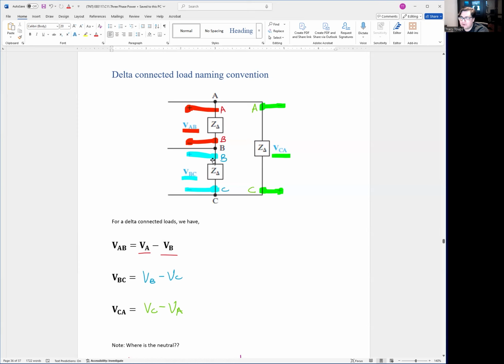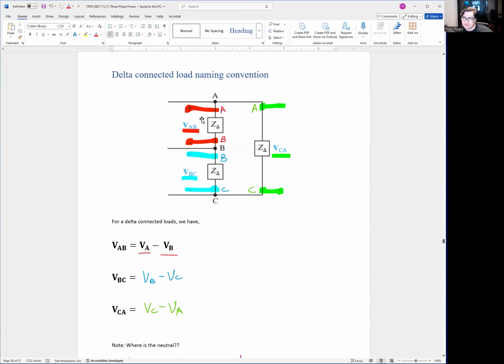We could do the same thing for the next delta load. The positive terminal is on the B phase up here, and the negative terminal is on the C phase down here. So this is another voltage between here and here called VBC, which is VB minus VC, the voltage across this impedance on the delta.